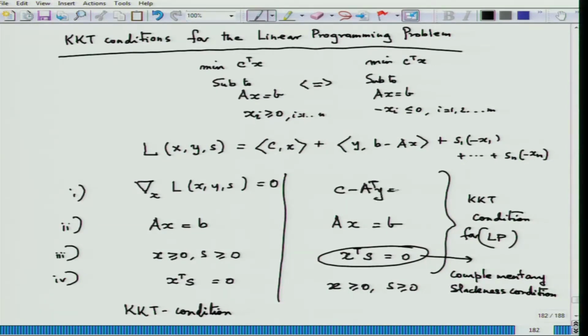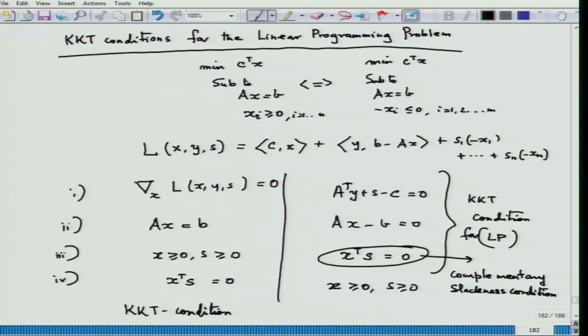So, now I am making it slightly better looking by putting it as A transpose y plus S minus C is equal to 0, Ax minus B is equal to 0 and x transpose S is equal to 0. So, you see these 3 form a system of equations, and because it forms a system of equations, I can solve them by certain methods.